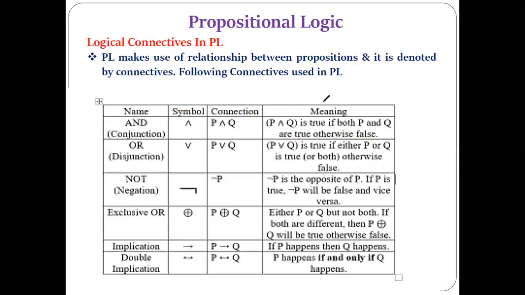Now, to define these logical connectives, there is the utilization of one particular technique, that is our truth table. All of you must be knowing. Yes or no? Yes, sir. To define these logical connectives, we make use of the truth table. As I said, P and Q can be true only if both P and Q are true, otherwise P and Q is false.